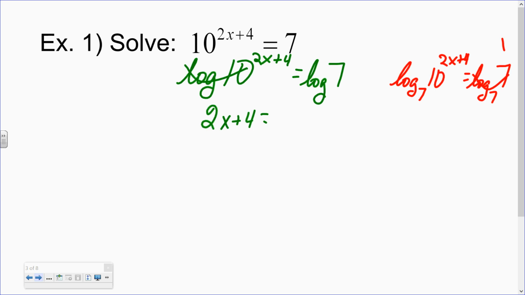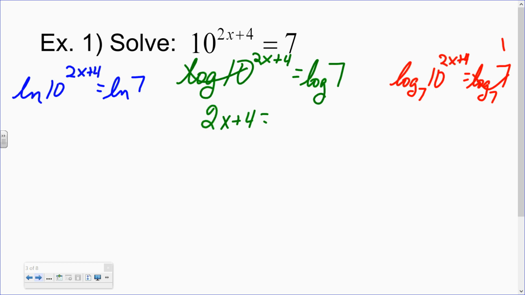And we could do it that way. We could also do natural log. We could do natural log of 10 to the 2x plus 4 equals natural log of 7. And nothing would cancel out there, but we will see the steps with the help of the calculator where we could do it this way.